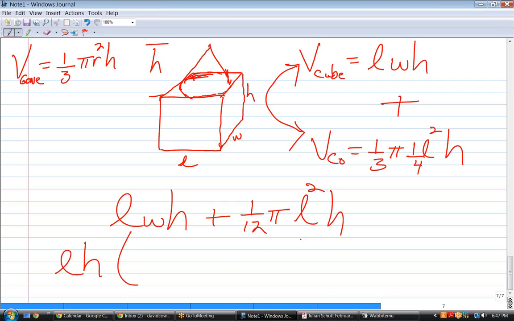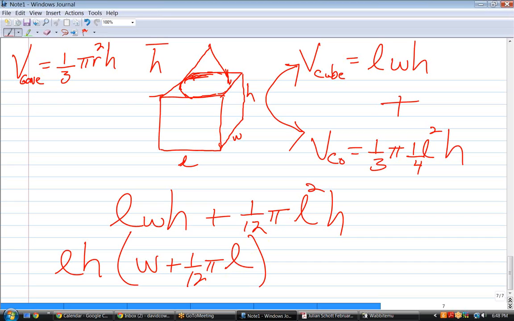What's left behind? Factor out the h, would it just be width plus 1/12 pi? Is that length squared? Right, but I'm dividing L into that, so I'm only going to be left with an L. Okay? And that was good.